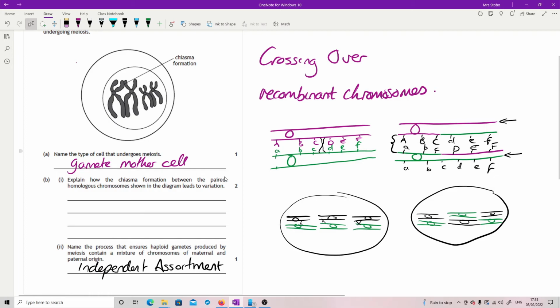It can go mum dad dad mum mum dad. So it's a completely random chance as to which ones go where, and then you've also got that increased variation in the middle because of recombination. So yeah, that's what we mean by independent assortment. Obviously for us it's super complicated and super potentially increasing variation because we have 23 pairs rather than 3. Okay, and that's that question.